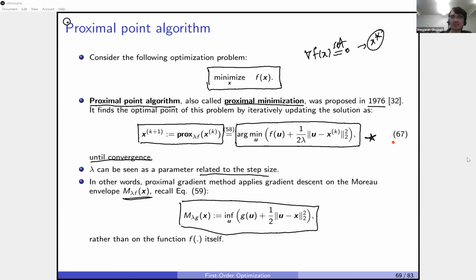Let's interpret it better. It's saying that at every iteration, I want to minimize the function f as desired here, but I'm doing the change of variable. I also want the solution of this minimization to be very close to the previous solution. In other words, I'm having a history, similar to the idea of momentum.